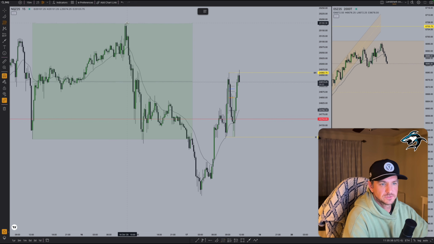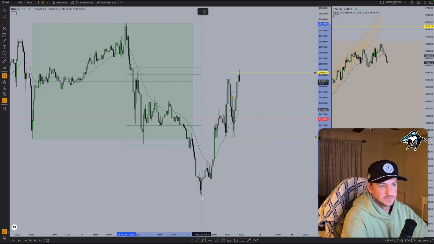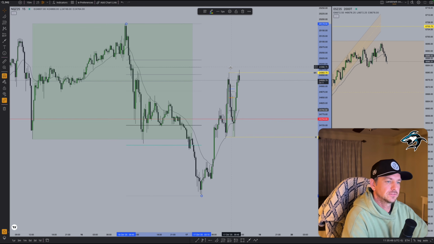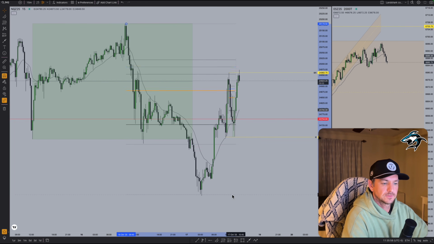I also use this fib tool, AP Trades. If you go check them out on YouTube, this is a GB. So basically you have a roughly 75% retracement, which would be this area. So let's get that marked.